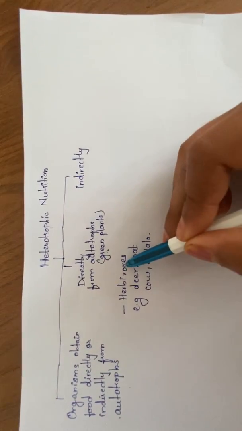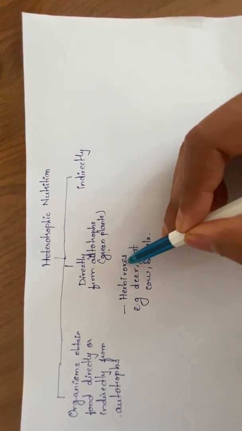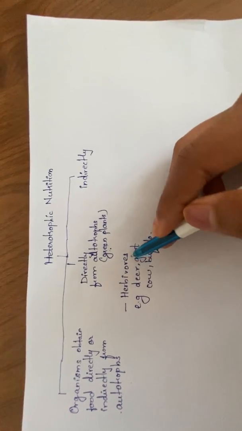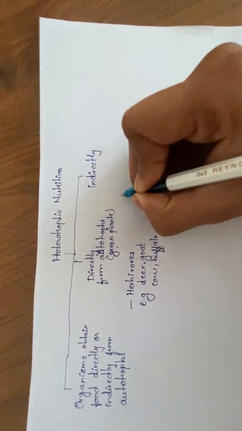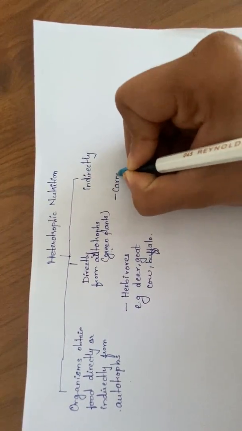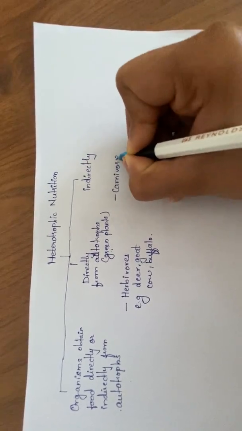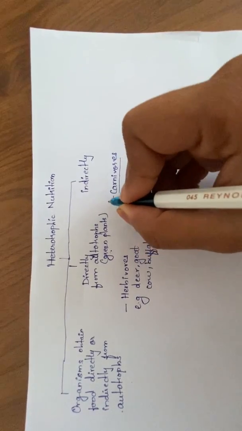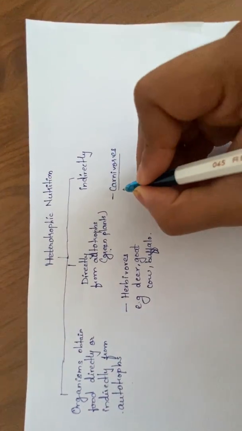As herbivores have taken nutrition from green plants, the organisms which consume herbivores we call carnivores. These are the organisms which obtain nutrition indirectly from the autotrophs.